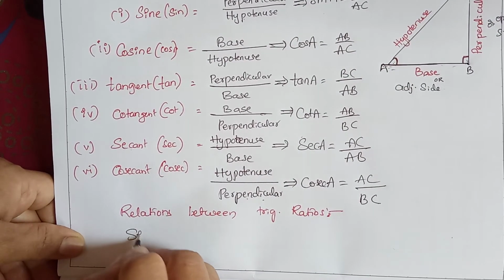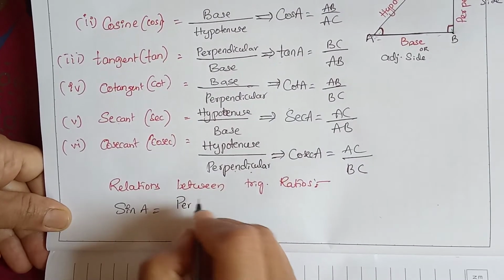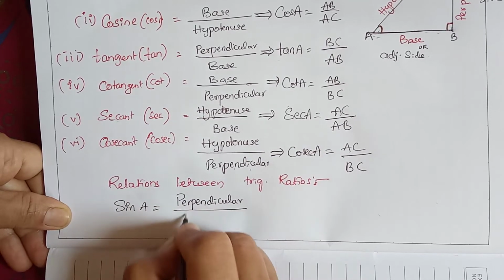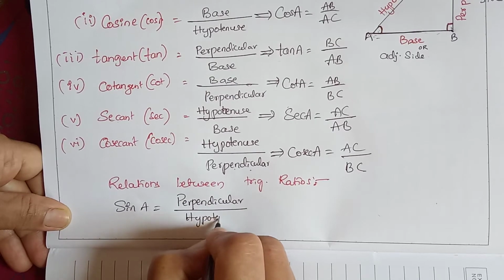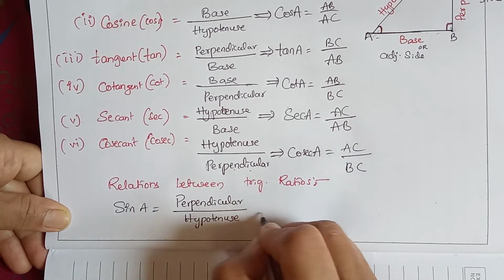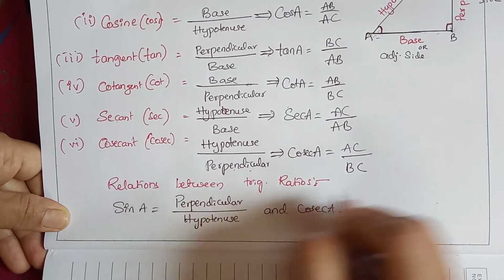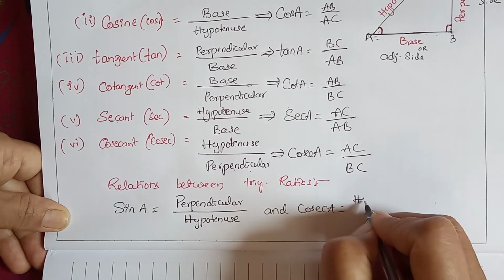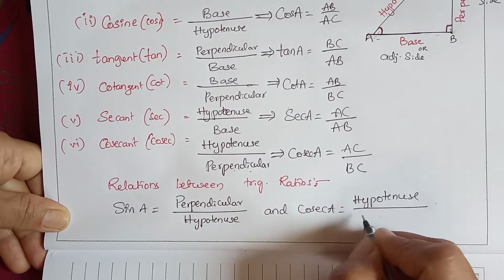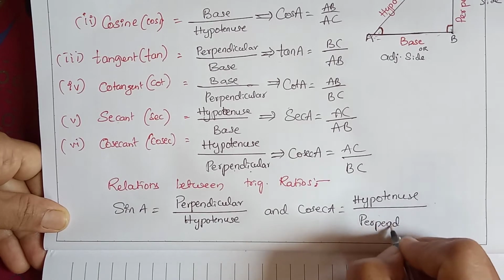Suppose sine A. Sine A is perpendicular by hypotenuse. And cosec A is just the reverse, opposite: hypotenuse by perpendicular.